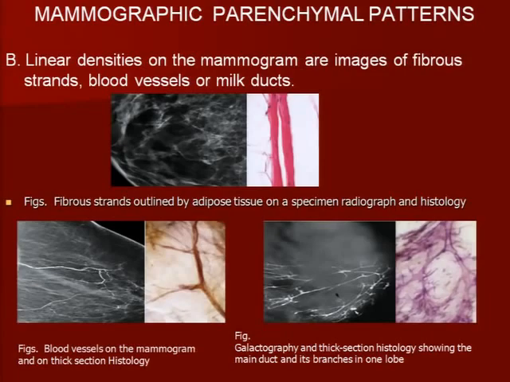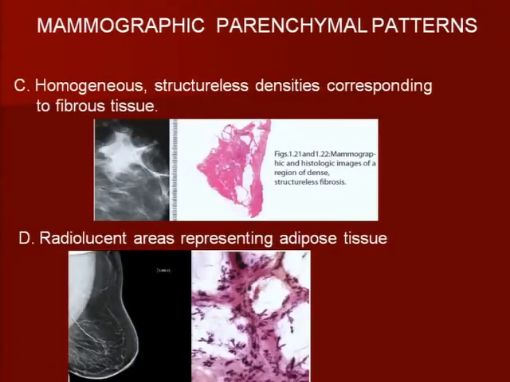And your milk ducts usually are better visualized on galactography. Now, the fibrous tissue can represent as homogeneous structureless densities, convex densities. This is fibrous tissue, and fat, as all of us know, it's basically radiolucent.